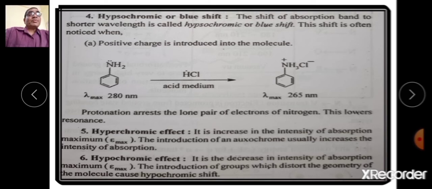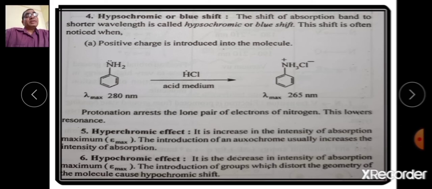This shift is often noticed with the removal of conjugation. Yes, look here, when a positive charge is introduced into the molecule, the lone pairs are destroyed, they are utilized in bond forming. Aniline contains a lone pair on the nitrogen atom which is available. The lambda max value is 280 nanometers.